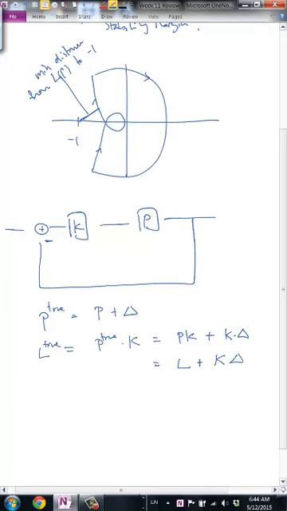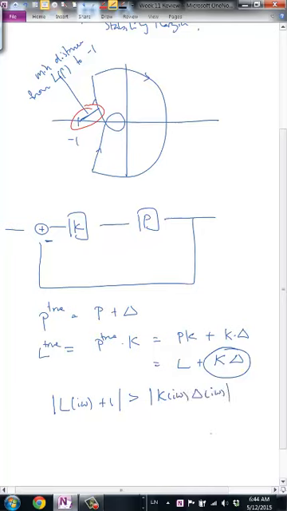Now, this line segment that represents the minimum distance from L of gamma to -1 tells us that as long as the magnitude of L of i omega plus 1 is always bigger than the magnitude of the perturbation, which is K of i omega times delta of i omega, then we're safe.